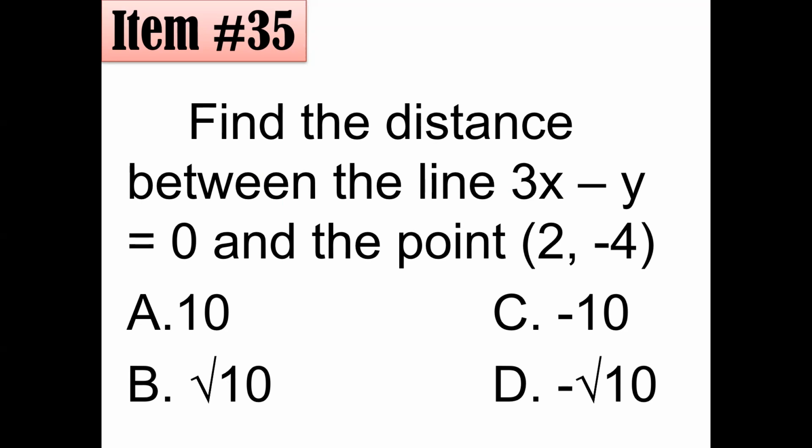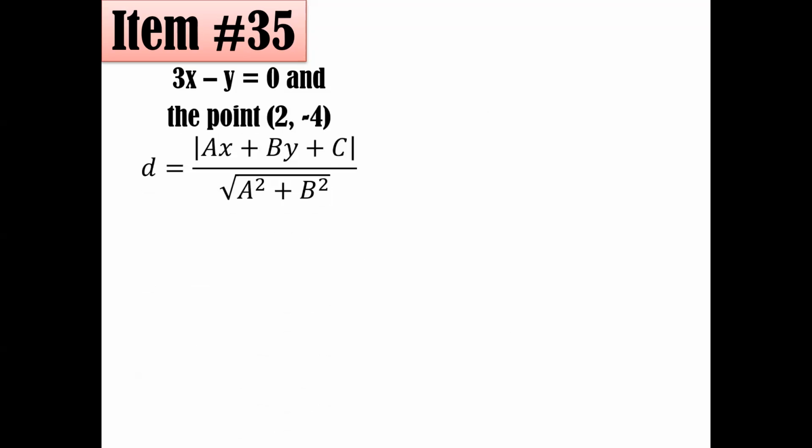Okay, letter B daw. Let's see. If you have a line and a point not on a line, the formula for the distance between them is D equals the absolute value of ax plus by plus c all over the square root of a squared plus b squared. Dito po, yung a and b are the coefficients. So yung a is 3 here, yung b ay -1.